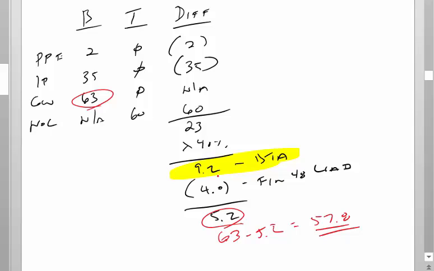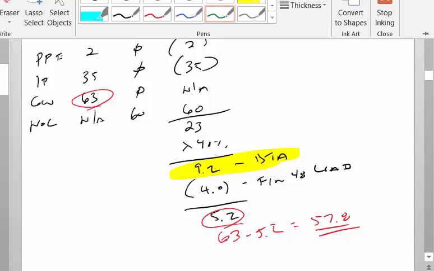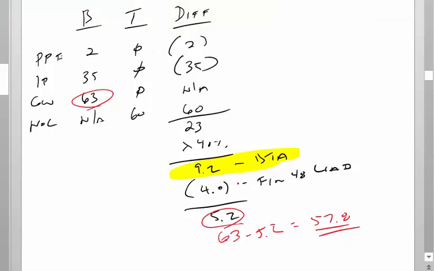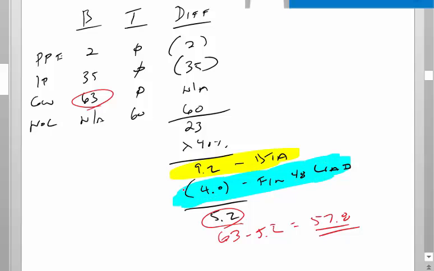What would be our journal entry for our purchase accounting? Remember, we booked two things. We booked our DTA of 9.2 and our 4 of FIN 48 exposure. So if the buyer was a hopeless loss company, how would that change?